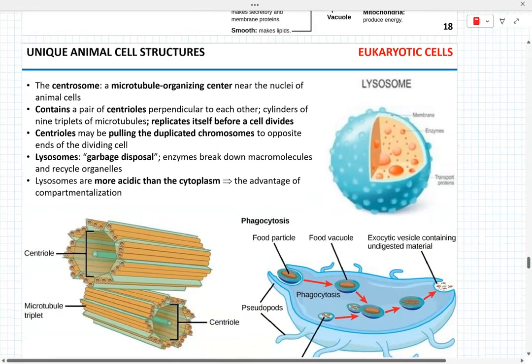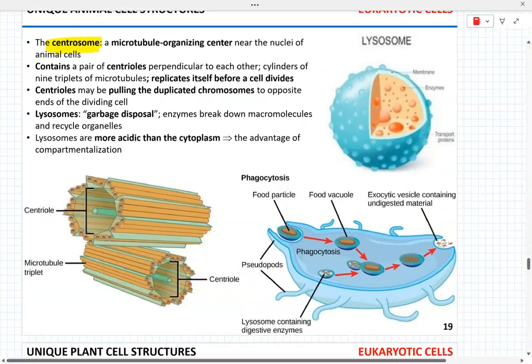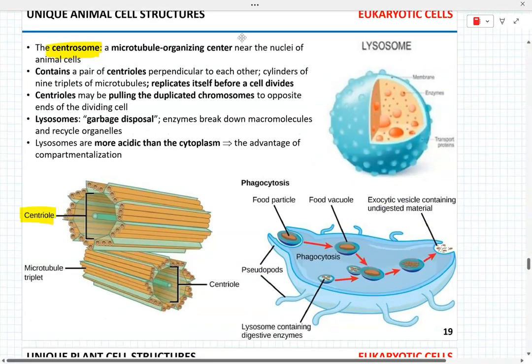Some cellular structures are unique to animal cells. One of them is a centrosome, which is a center that organizes microtubules near the animal cell nuclei. A centrosome consists of two centrioles. The centrioles are perpendicular to each other and are essentially cylinders of triplets of microtubules.